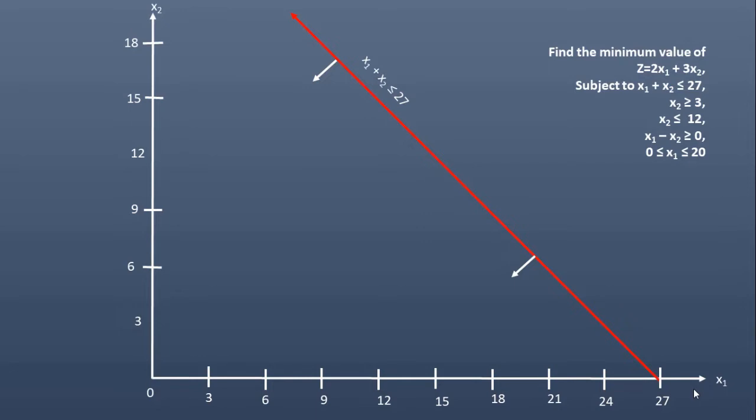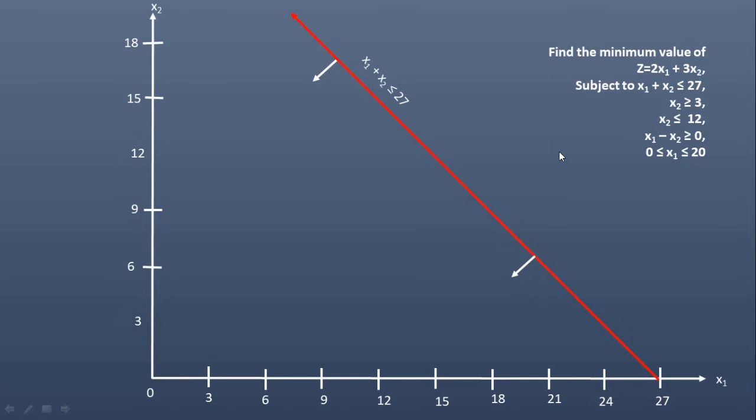Now, the question is, what is the solution? The solution is nothing but the value of x1 and x2. Suppose I take x2 = 3 and x1 = 12. Then 12 + 3 = 15, which is less than or equal to 27. That means any value below this line will satisfy this inequality.